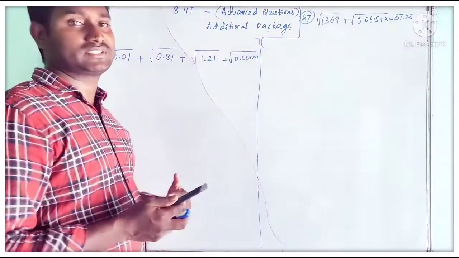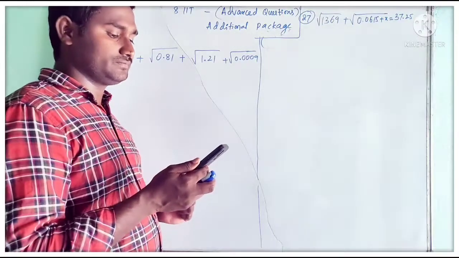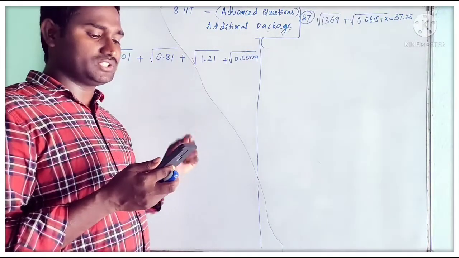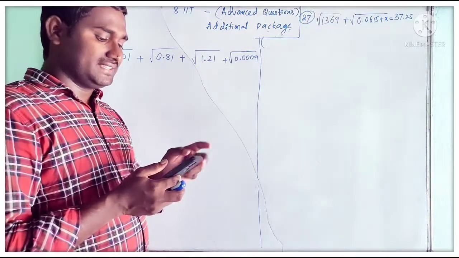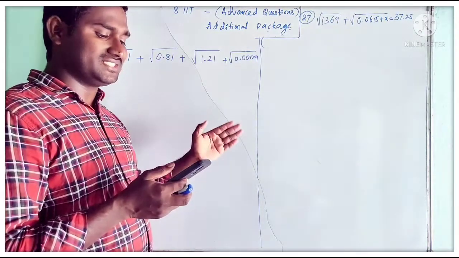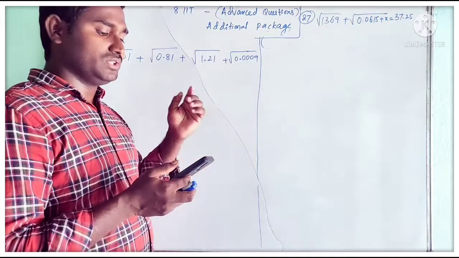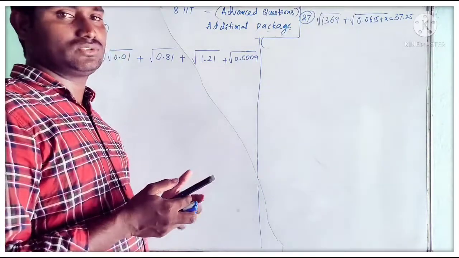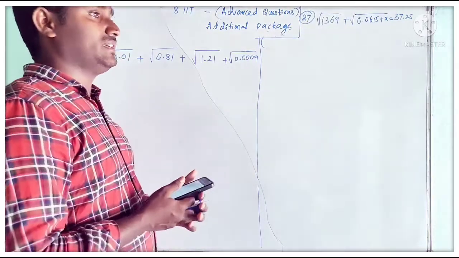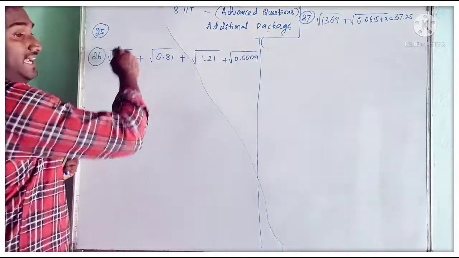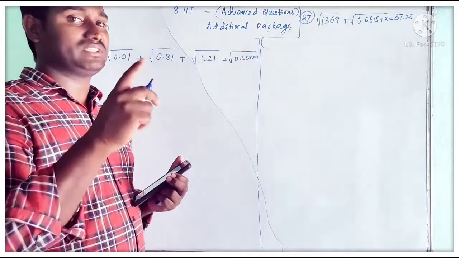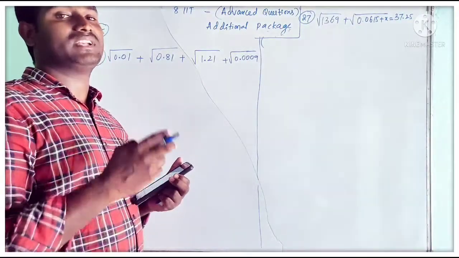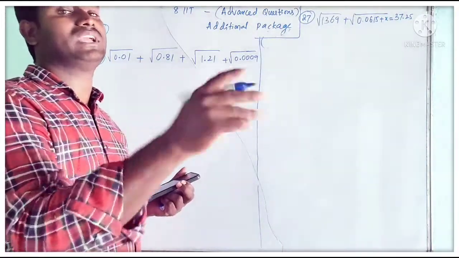Next, now I am going to discuss with you question number 25. How many 2-digit numbers satisfy this property? The property they have given to us: the last digit of the square of the 2-digit number is 8, so the square of that number must end with 8. Okay, so we know that perfect square property: if a number ends with 8, it can never be a perfect square.